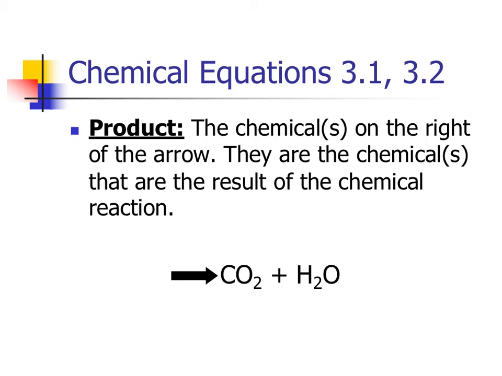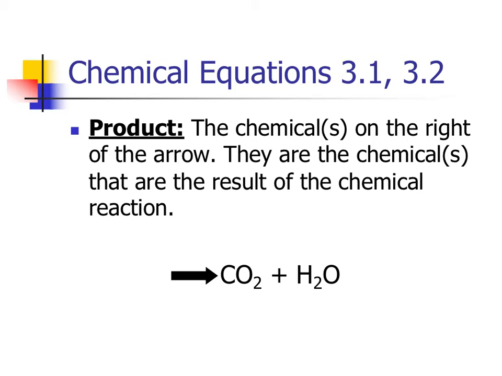Some products for some chemical reactions have a predictable component to them, meaning these reactants always make these products. We will look at some of those. Such as the example that I have here, carbon dioxide and water.